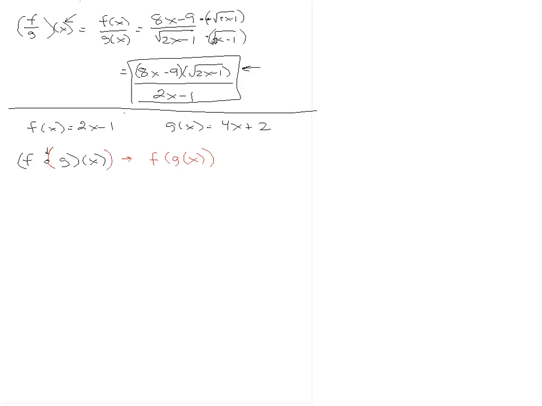That's how you rewrite it, okay? Now, if it were the other way, if it were g of f of x, you would do the same thing. You would put parentheses around, and it really means g of f of x, okay?